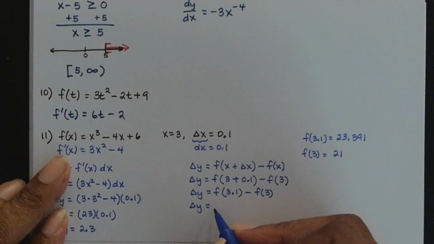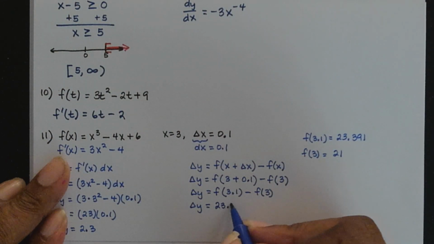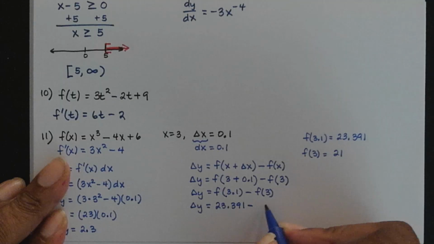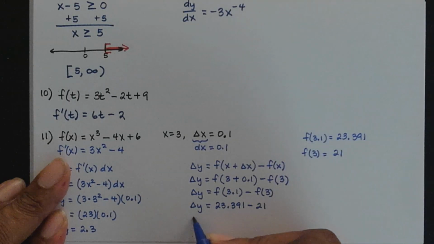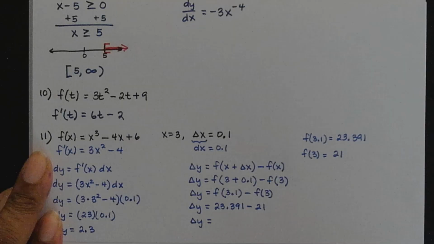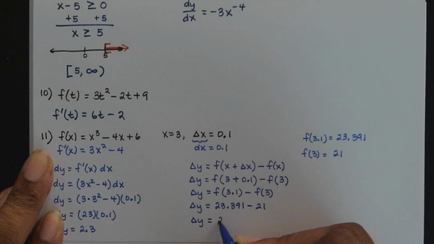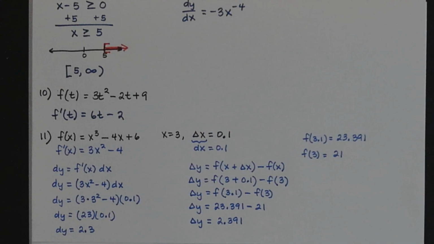So f of 3.1 was 23.391 minus f of 3, that's 21. And if you subtract 21 from 23.391, you'll get 2.391. That is what delta y is. So here, delta y is 2.391, and dy is 2.3.